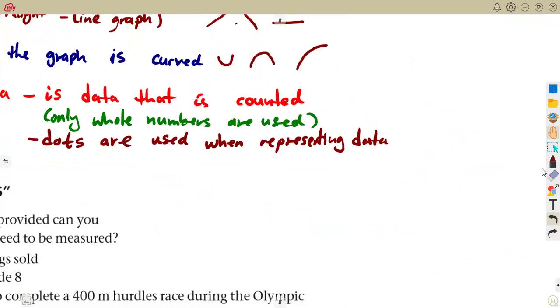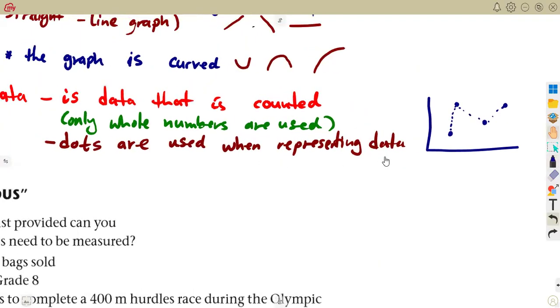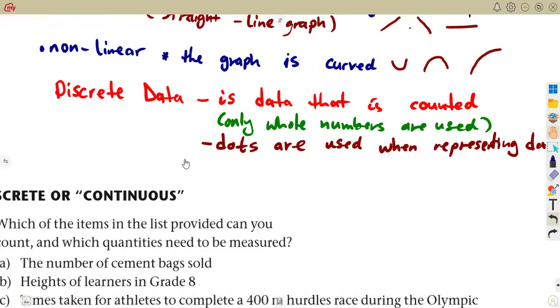Let's say there's information that you are given, then they'll be just using dots. Another one, another one, another one. We are working with the dots from one point to another, discrete. So for now, I'm focusing on information that is counted.